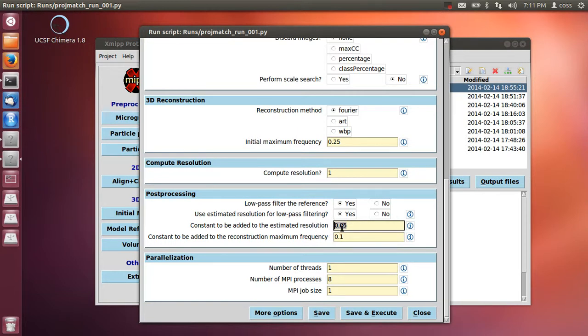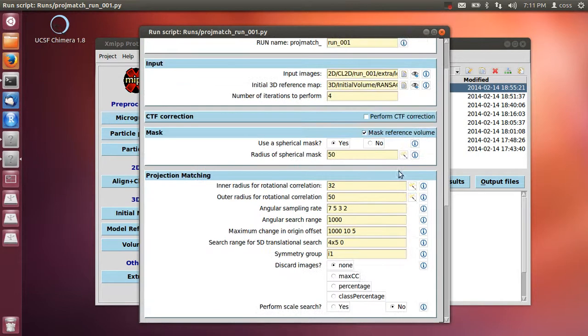And this is for alignment. What about reconstruction? In reconstruction, in the first iteration, we just reconstructed one half of the spectrum. For the second iteration, we reconstruct whatever Fourier shell correlation value you have here, plus a little bit more. A little bit more in this case is 0.1, that is 1/5 of the spectrum.